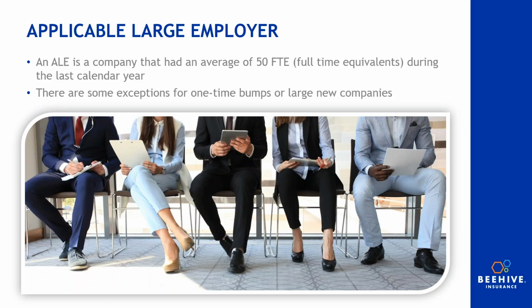When we say large new companies, that means if you start out as, so let's say you are a company, you're brand new, and you know you're going to start off by hiring 70 full-time employees. If you start out knowing that you're going to have 70 full-time employees, then you need to start out complying with the ACA. The same goes with if you are suddenly going to acquire a large new company. If you know you're suddenly going to be large, you need to start complying with the ACA.